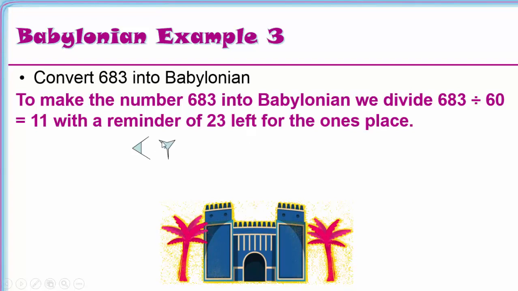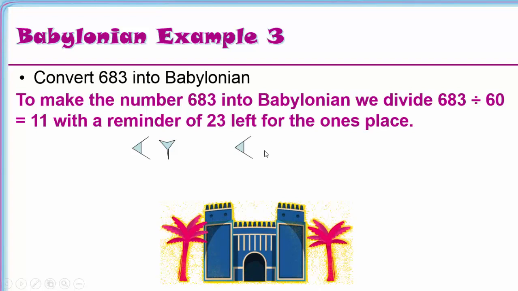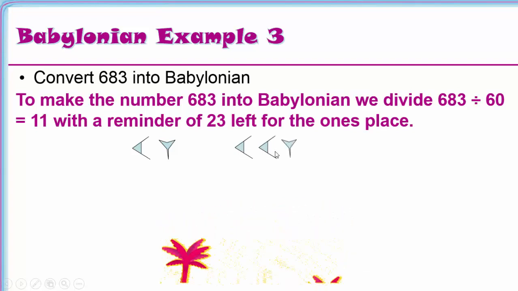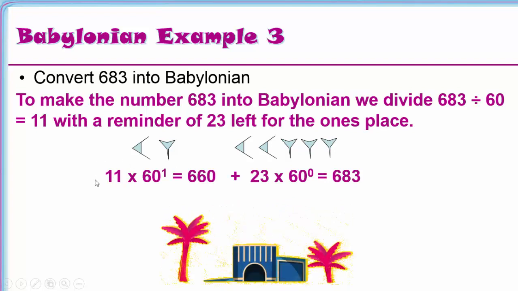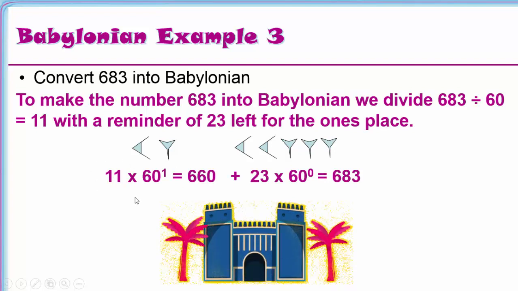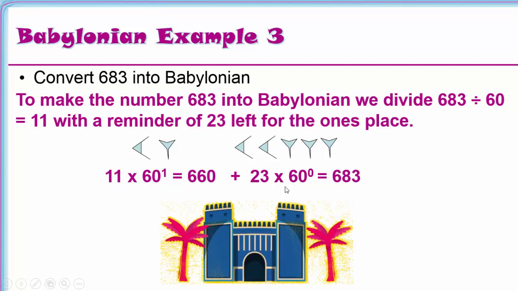So here we have 10, 1, 1, and 10, 10, 1, 1, 1. So 11 is in our 60s place, and 11 times 60 is 660, plus 23 times 1 is equal to 683.